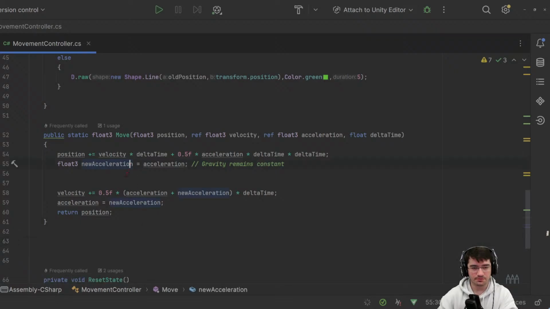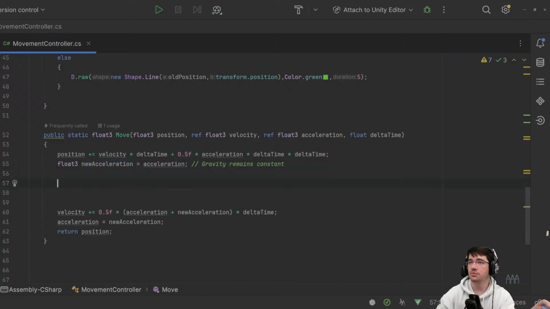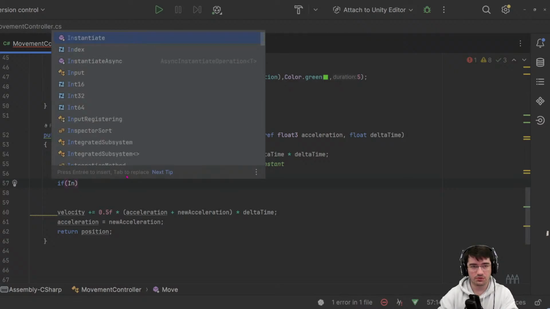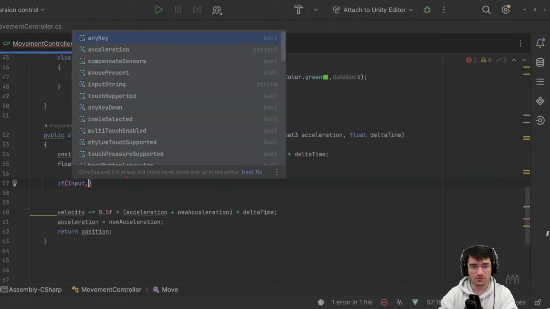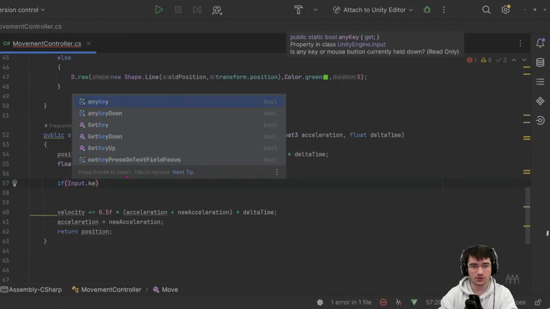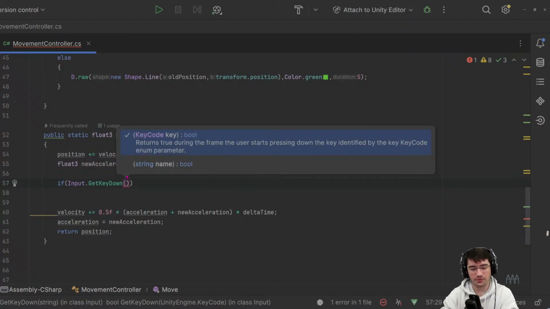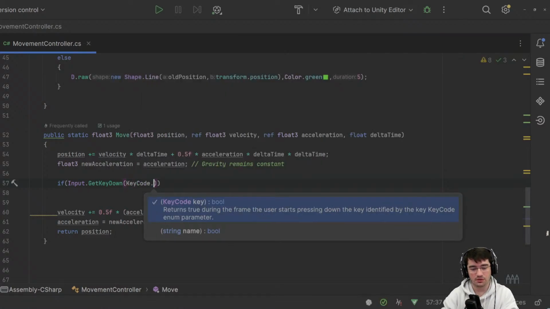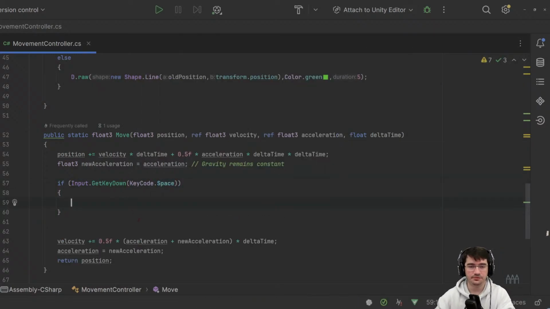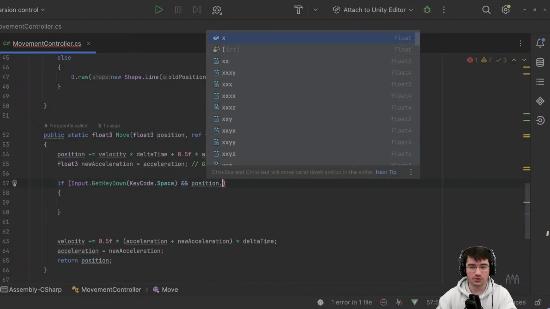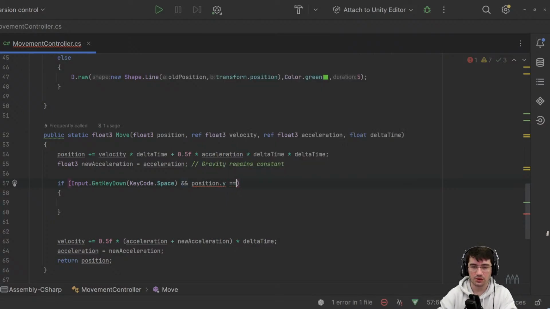So let's create another, probably better to put it in another method, but I don't want to handle the parameters, so let's just if Input.GetKeyDown KeyCode.Space and position.y equal 0.